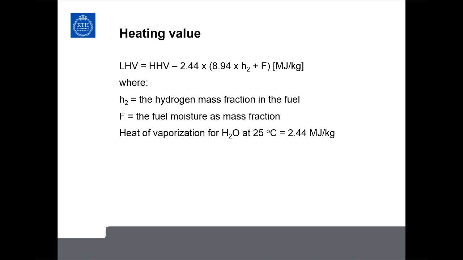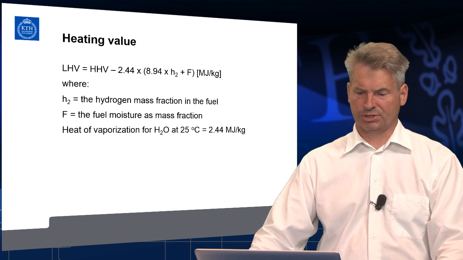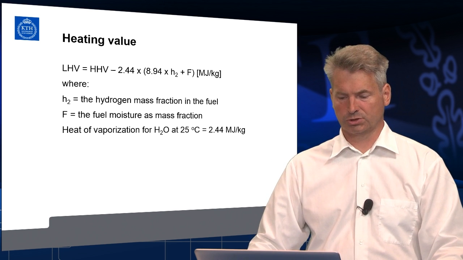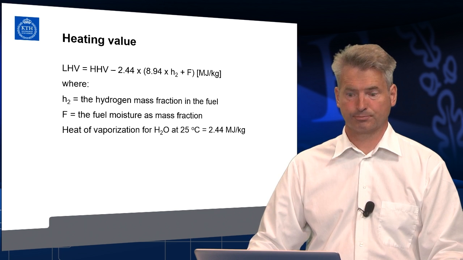And you also have to consider the fuel moisture, as that is vaporized. You also have the heat of vaporization here for water, being 2.44 megajoule per kilogram at 25 degrees Celsius.